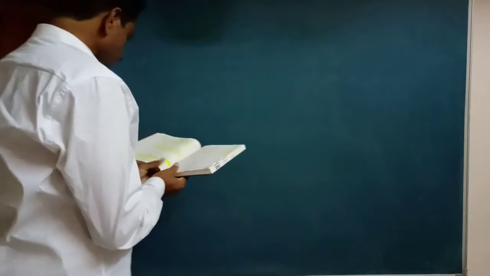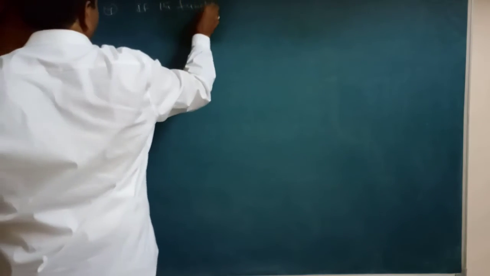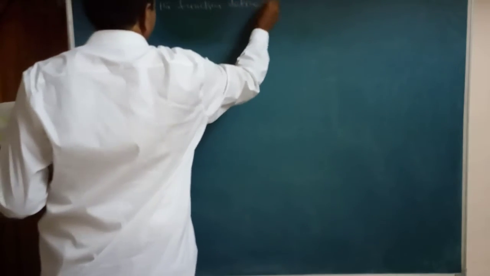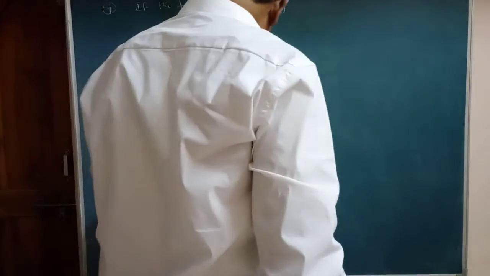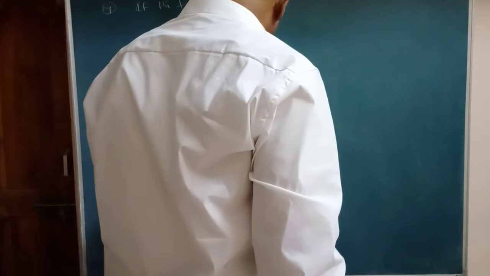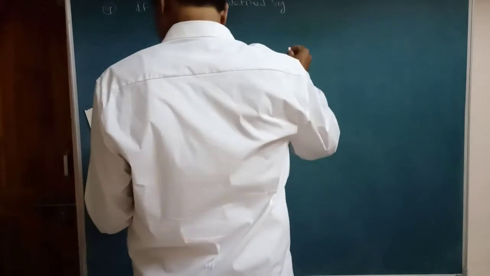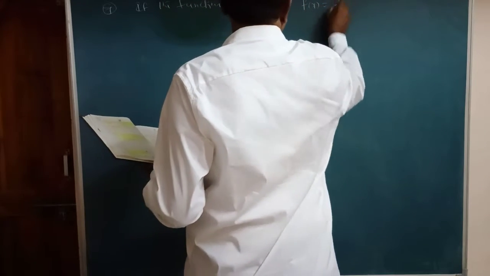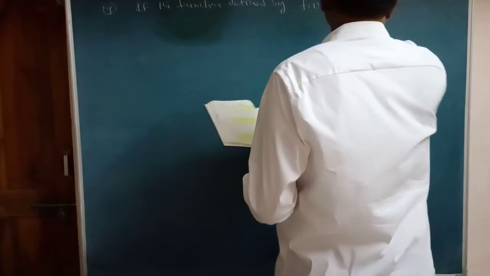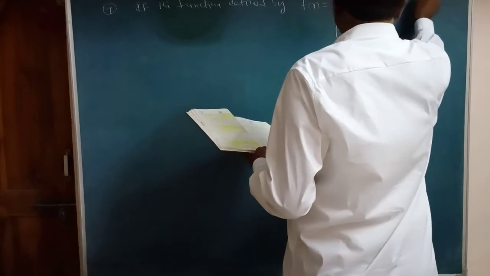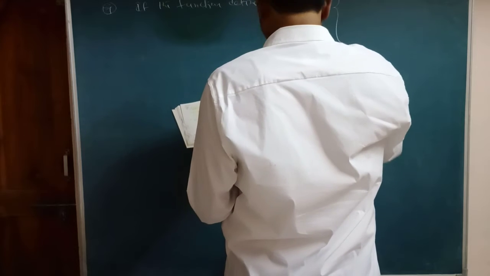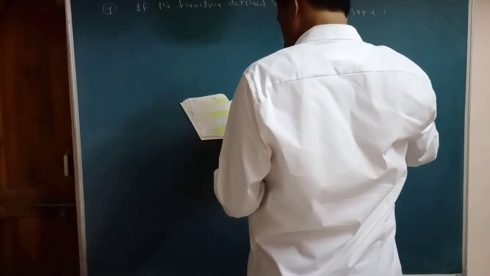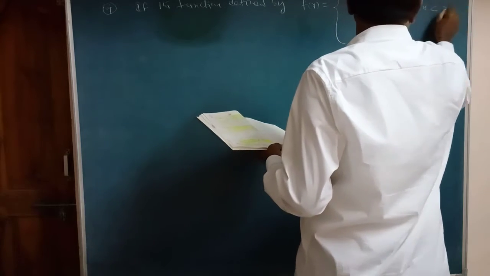Next one. 7th one. If the function defined by f of x equal to cos x, less than or equal to 0, and 3x plus alpha, it is 0 less than x less than 2.